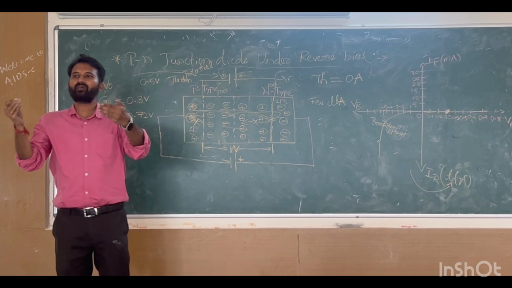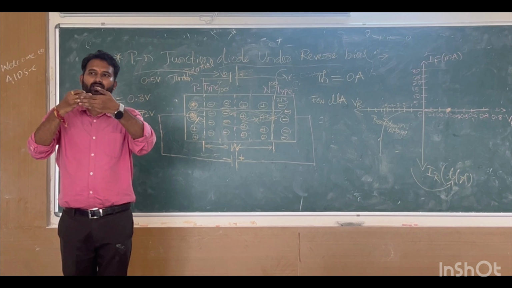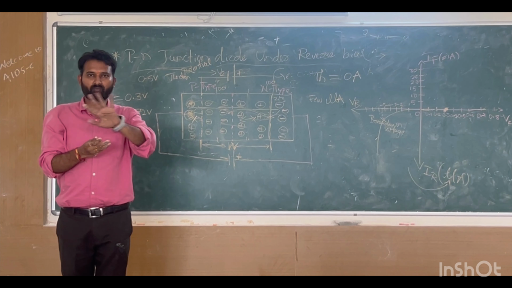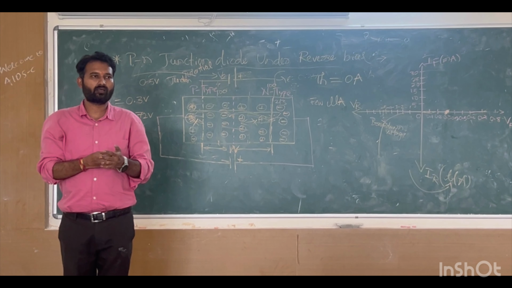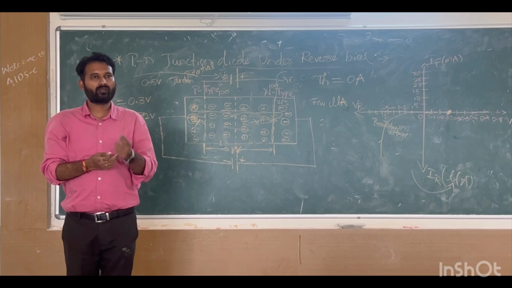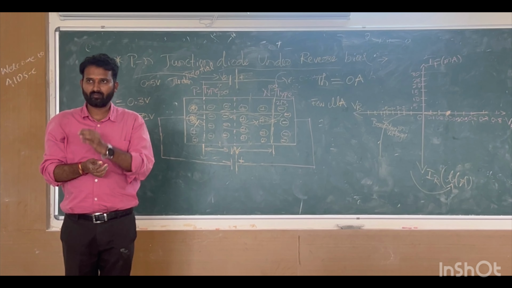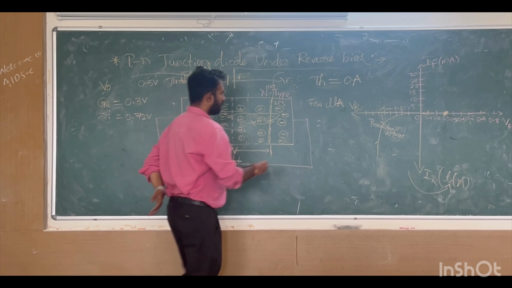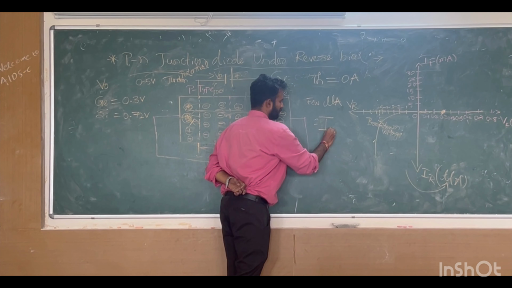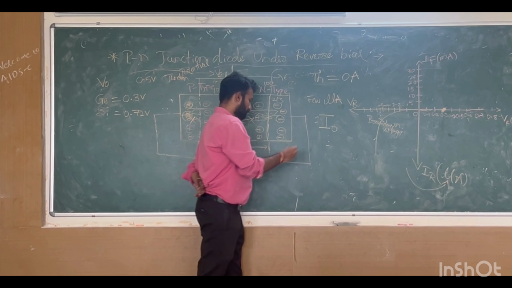Few holes and few electrons will make a carrier recombination. Only few, not majority. Minority carriers will make a recombination. Because of that reason, you will have a minimum current. That current is called reverse saturation current, denoted by I0.